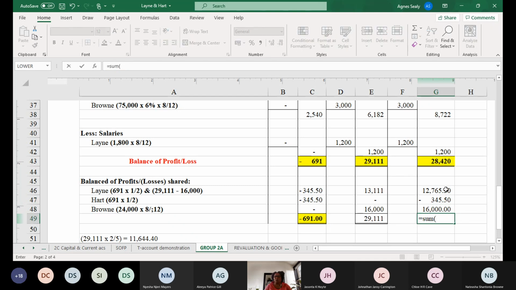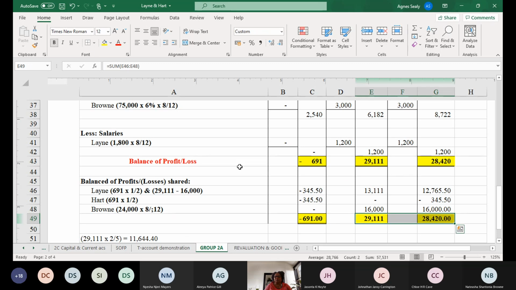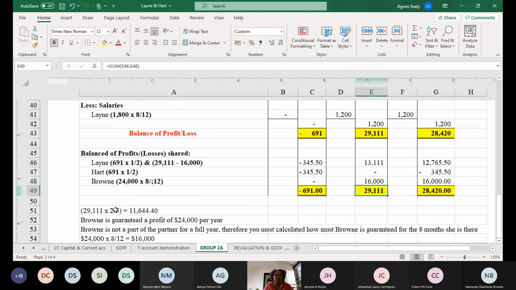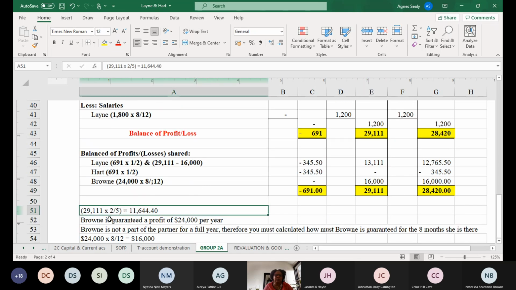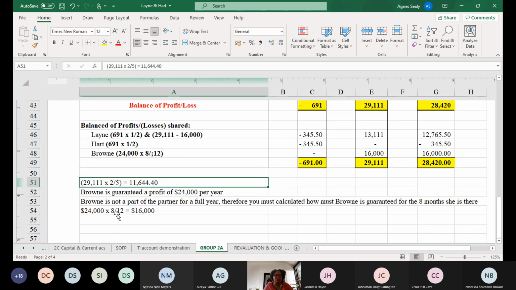So this is what we get here, and we come back to that nice figure of $29,111, $28,420. So that completes our statement of appropriation account.